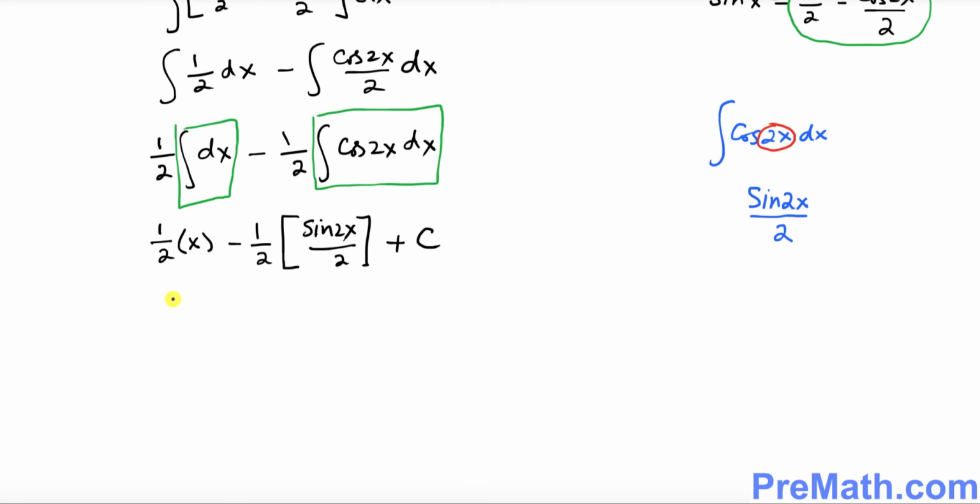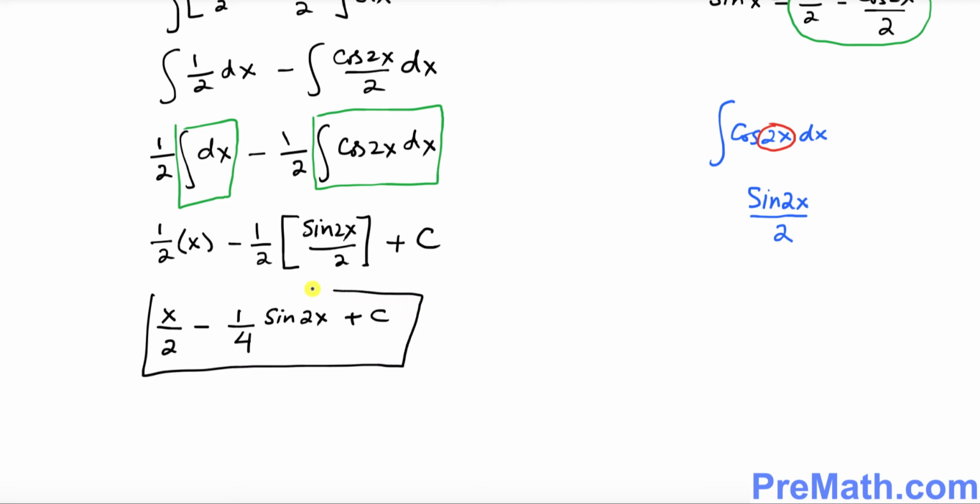So over here, what we got is x over 2 minus 1 over 4 times sine of 2x plus c, and that is our answer.